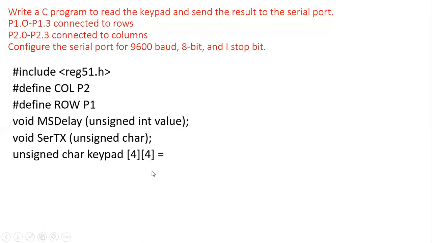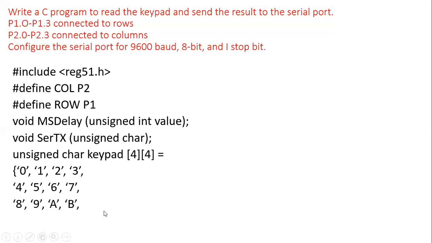Very good, it is for representing the key numbers, isn't it? So we write 0, 1, 2, 3 key numbers through 4, 5, 6, 7, 8, 9, A, B, C, D, E, and F. All the 16 characters are arranged here in the form of rows and columns. Got it?